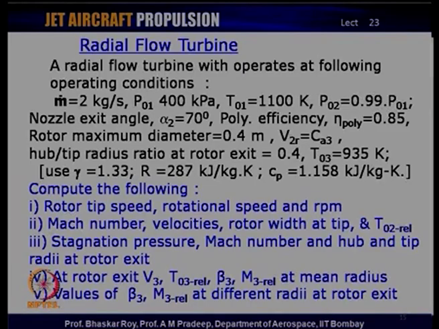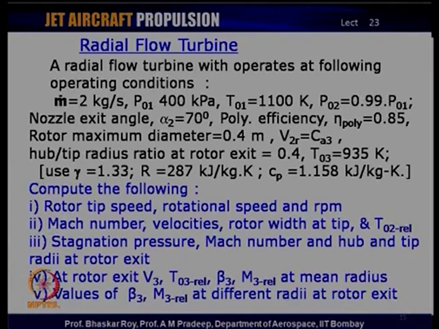That means, the pressure at the exit of the stator nozzle is 0.99 times P 01. The nozzle exit angle alpha 2 is 70 degrees. The polytropic efficiency is prescribed as 0.85 for the turbine. The rotor maximum diameter, that is at the tip of the radial turbine, is 0.4 meters.